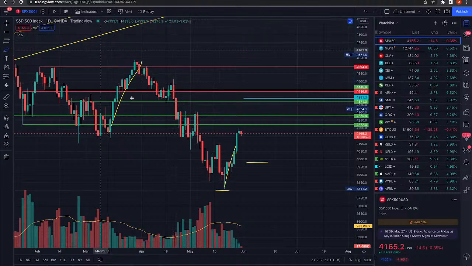Which never happened, or they tried to attempt it here and needed to go further above this high up here, but that never happened. So that's how the move is a little phony, in my opinion. If this were to continue up, I would say this is kind of a fake move, right? It needs to do a nice consolidation in that way, and then continue up.